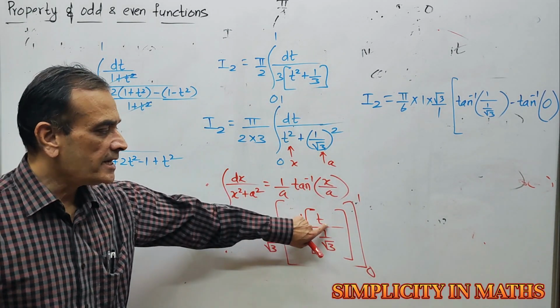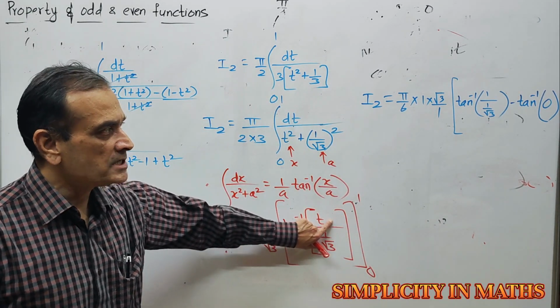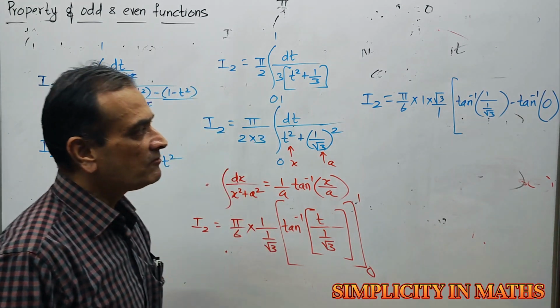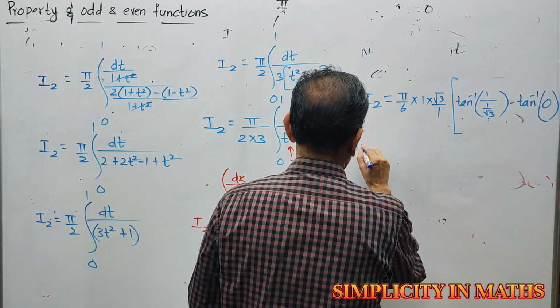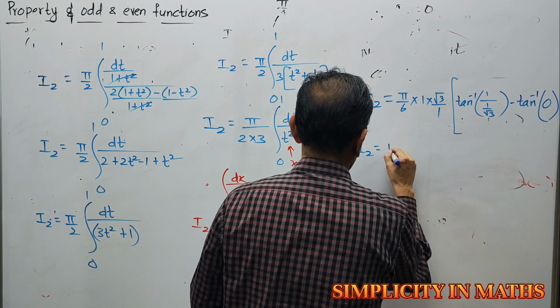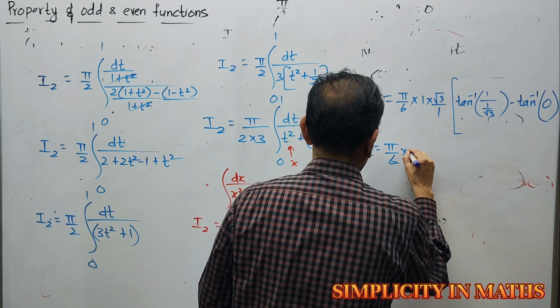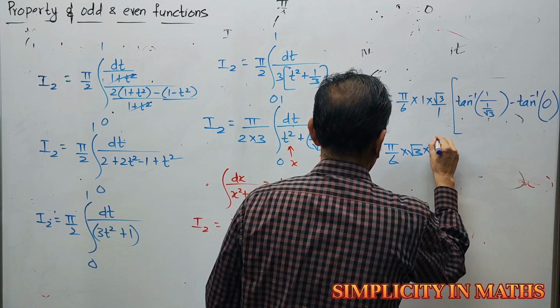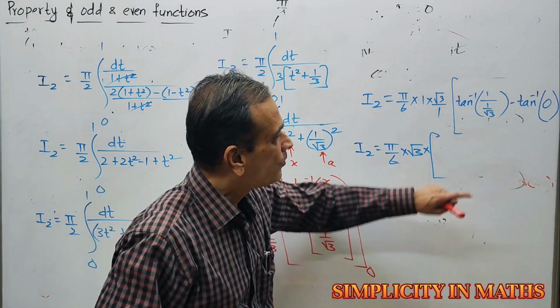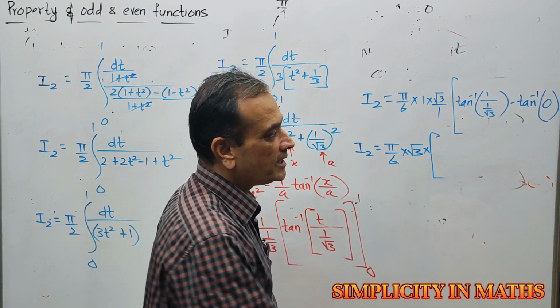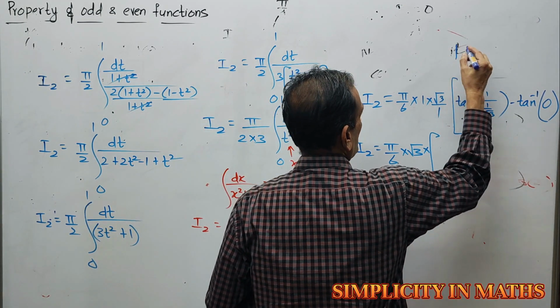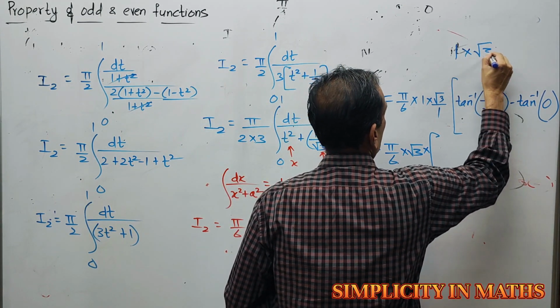When you put t equal to 0, everything gets converted into 0. That's why I have written tan inverse 0. Now what is the meaning of 1 into 1 by root 3? It becomes like this. See, 1 into root 3 by 1.